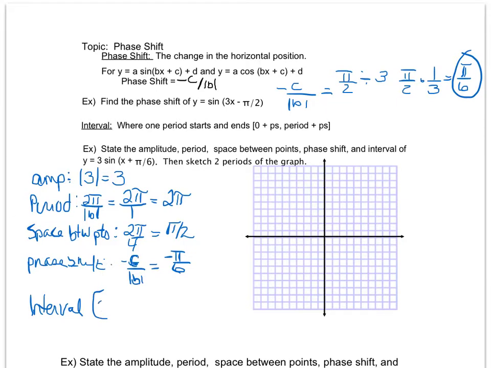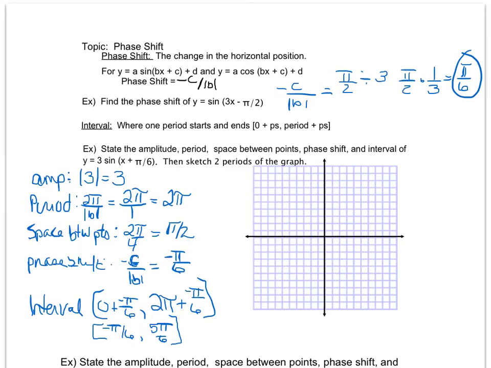So my new interval is going to be 0 plus negative pi over 6, comma, my period, which is 2 pi, plus negative pi over 6. Well, that means my interval is going to be negative pi over 6, comma, 2 pi plus negative pi over 6. I found a common denominator, and I got 11 pi over 6. Please let me know in class if you are struggling with putting those fractions together.